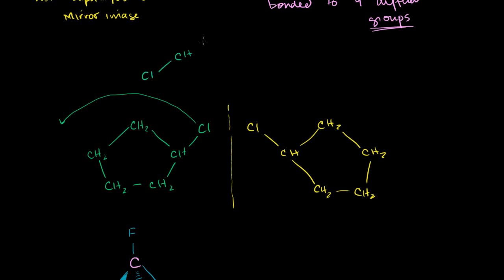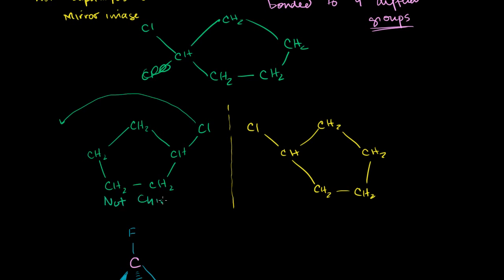You get the chlorine, and then you have your CH2, and then you have another CH2, CH2, and then you would have your CH2 up there. If you were to rotate this, actually this is almost 180 degrees, it would look like this. And the only difference between this and this is just how we drew this bond here. I could have easily, instead of drawing that bond like that, drawn it facing up like that. And these are the exact same molecule. So this molecule is also not chiral.